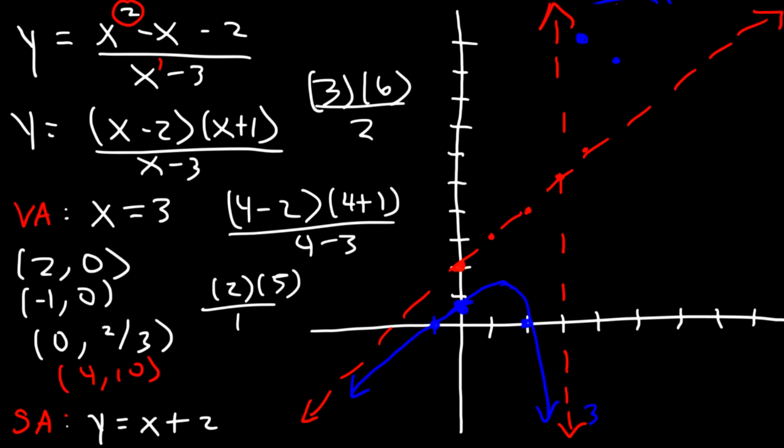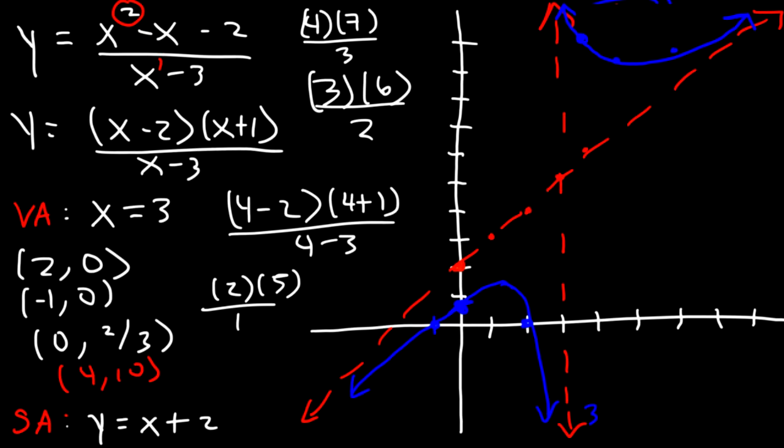And let's get 6. 6 minus 2 is 4, 6 plus 1 is 7, and 6 minus 3 is 3. So it's 28 divided by 3, which is about 9.3. So at 6, it's going back up, but only a little. So we could say that this graph looks something like this. And so that's it for this problem.